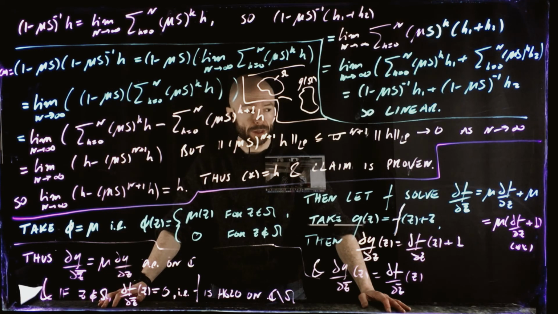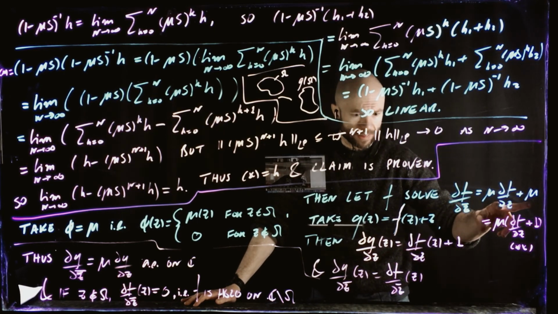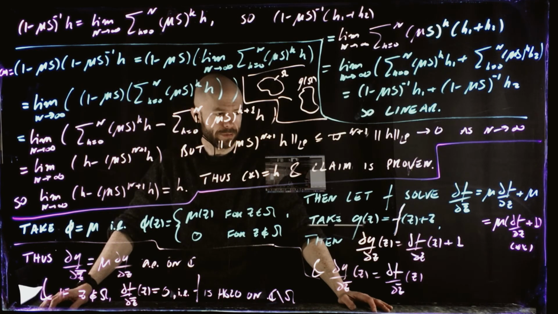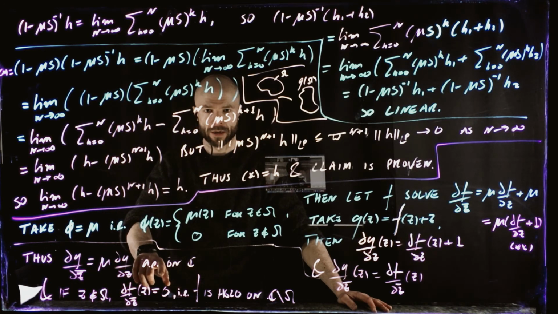That's why I want to take G. F doesn't solve the Beltrami equation I want, right? It solves this thing, whereas G solves... Yeah, but all of these moves are done in the entire complex plane. So, I see. I guess I see what you're saying. You're saying that I know that this is true inside omega, and I could just say, okay, I don't care outside omega.